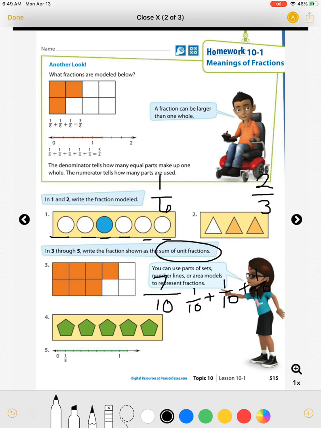And I don't have very much room, but I'll try. Plus 1/10, plus 1/10, plus 1/10. Okay, so that was kind of like decomposing that fraction too. So 1/10 plus 1/10 plus 1/10 all the way up until that adds up to 7/10.